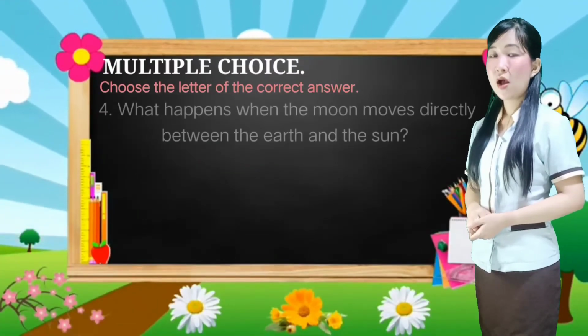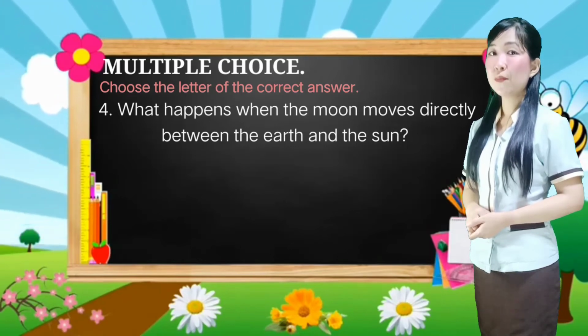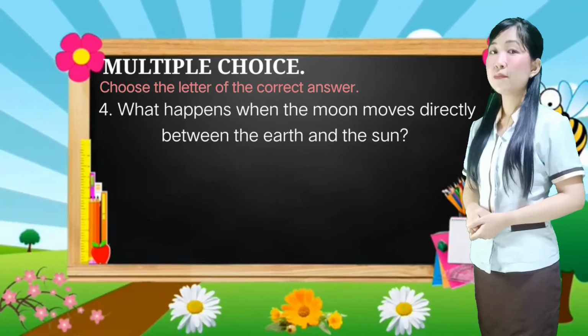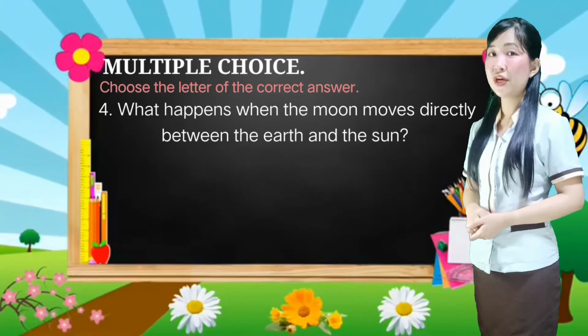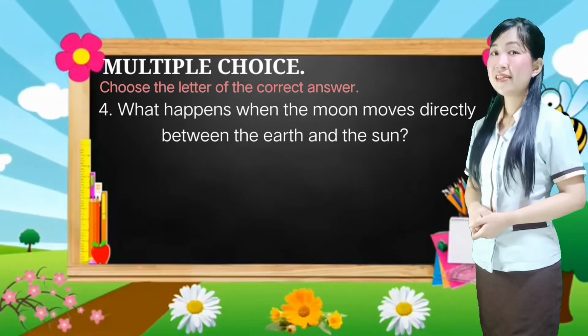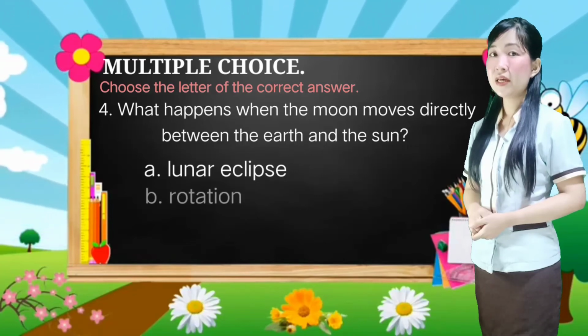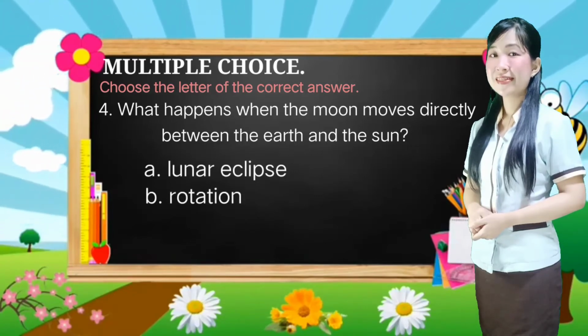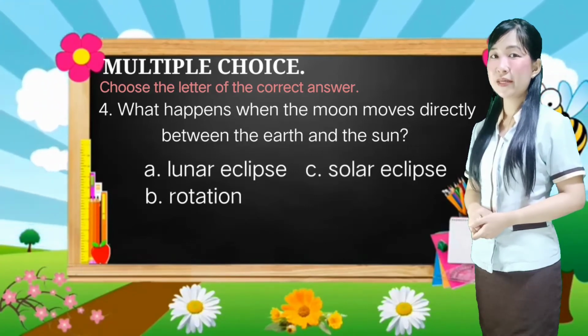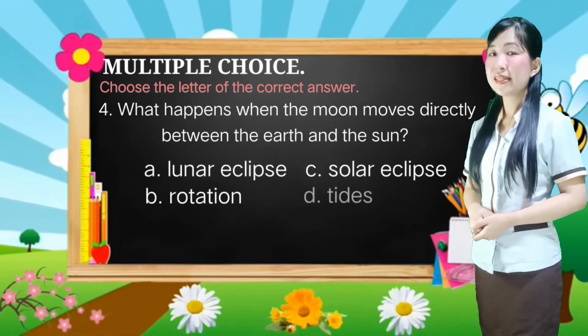Number 4. What happens when the moon moves directly between the sun and the earth? Letter A, lunar eclipse. B, rotation. C, solar eclipse. Or letter D, tides.